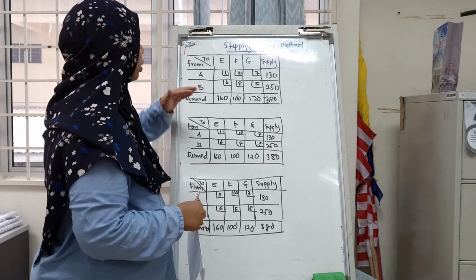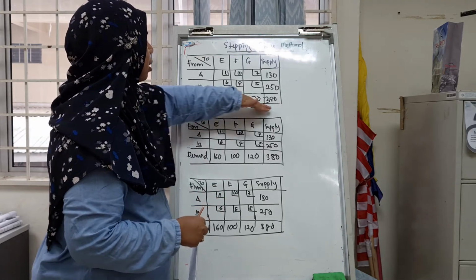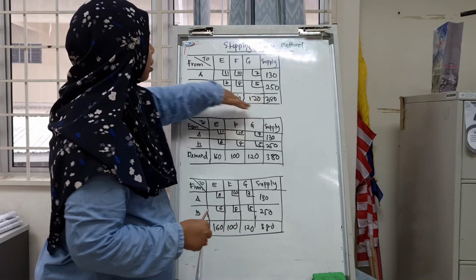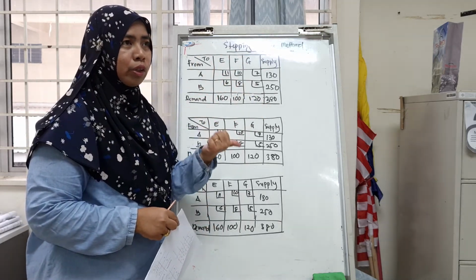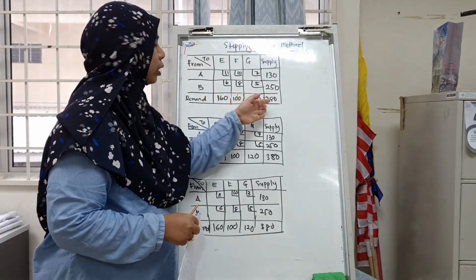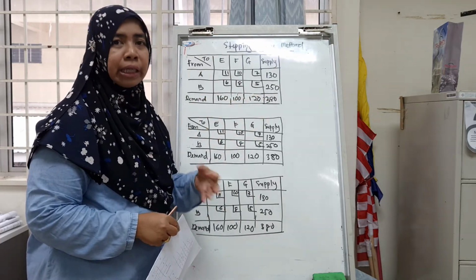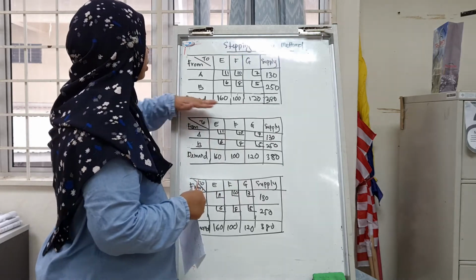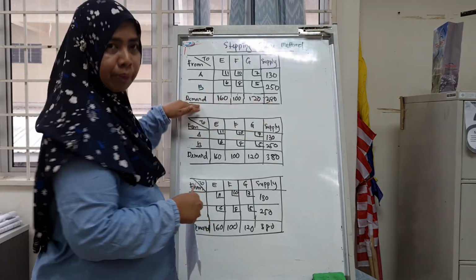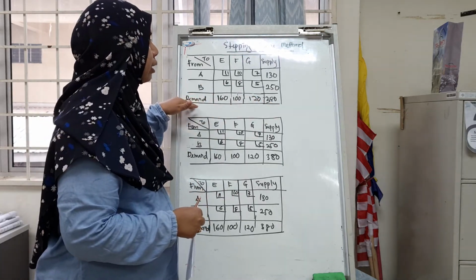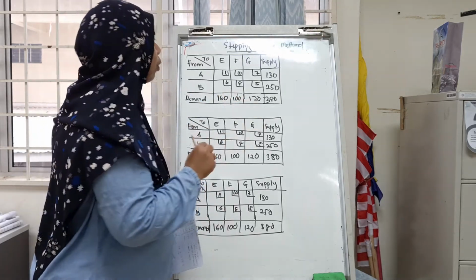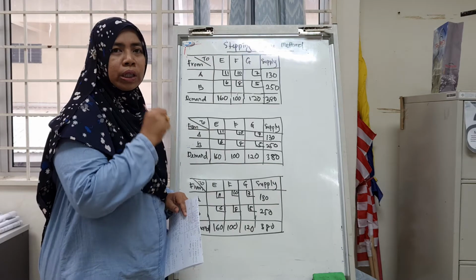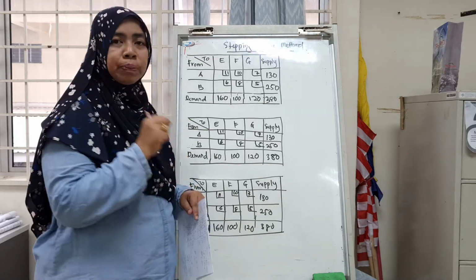Here I already made the table, and you already know how to construct this table based on the demand and supply. For example, here is the table. We assume the table is like this based on the question. So now you have to calculate by using stepping stone.